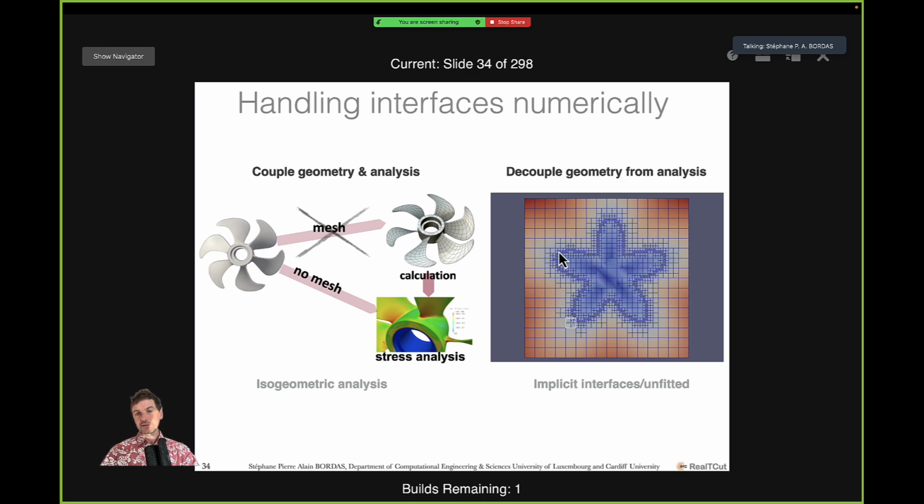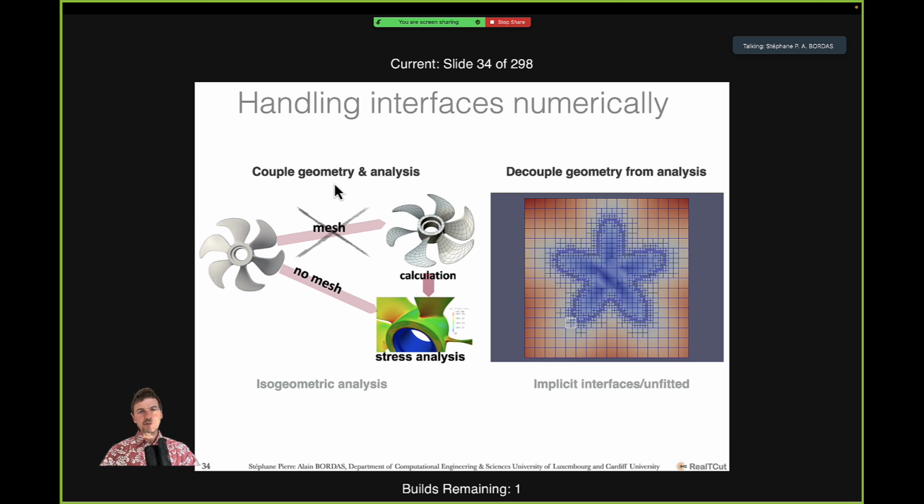And around the level set, you have some local refinement using octrees, but these elements do not conform to the interface. Contrary to that, where we decouple geometry from analysis, we have cases where we want to couple the geometry and the analysis. So that is the case in isogeometric analysis.